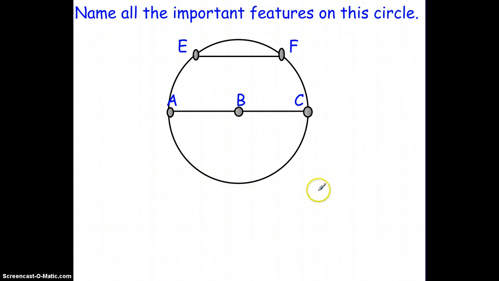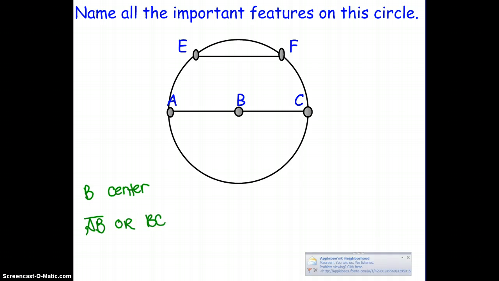Okay, last one here. Let's talk a little bit about circles. First of all, this point B would be considered the center of the circle. A radius has to go from the center to a point on the circle. So if I did AB or BC, those points would set up the radius.